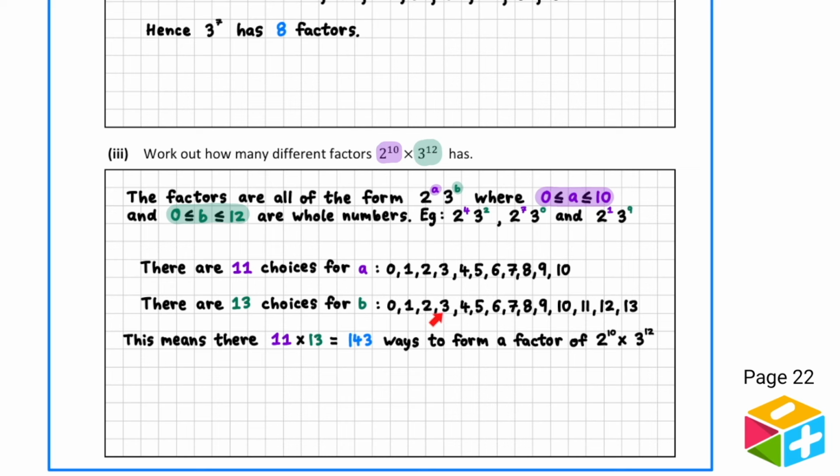To find the total number of ways to pair a choice for a with a choice for b, we should multiply together the 11 by the 13. This gives us our final answer of 143 ways to form a factor of 2 to the 10 times 3 to the 12.